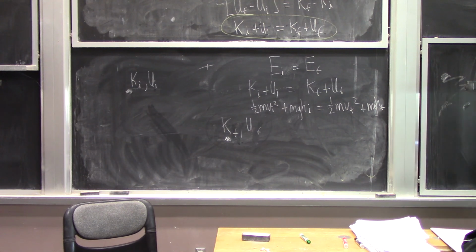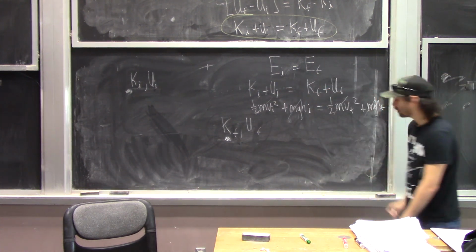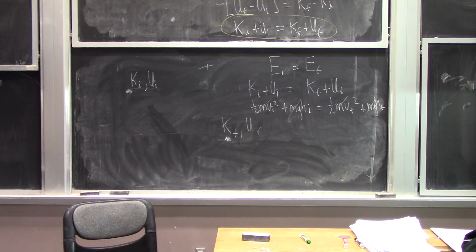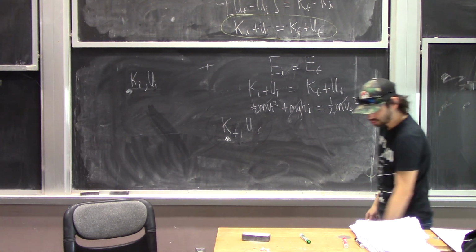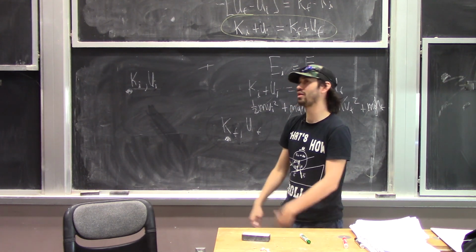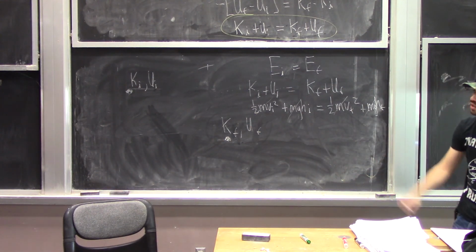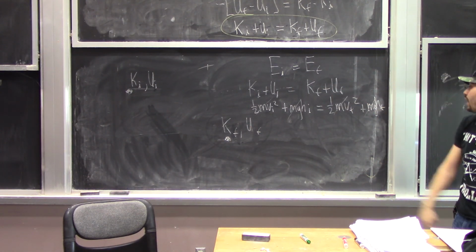Okay? Now, something interesting here is that every single one of these terms has a mass in it. So that means that we can cancel the mass from the equation. And so what we see is that this situation is independent of the mass. So you could have a kitten, or you could have Garfield, on either ends of the spectrum for the size of cats, right? So it doesn't matter what the mass of the cat is.